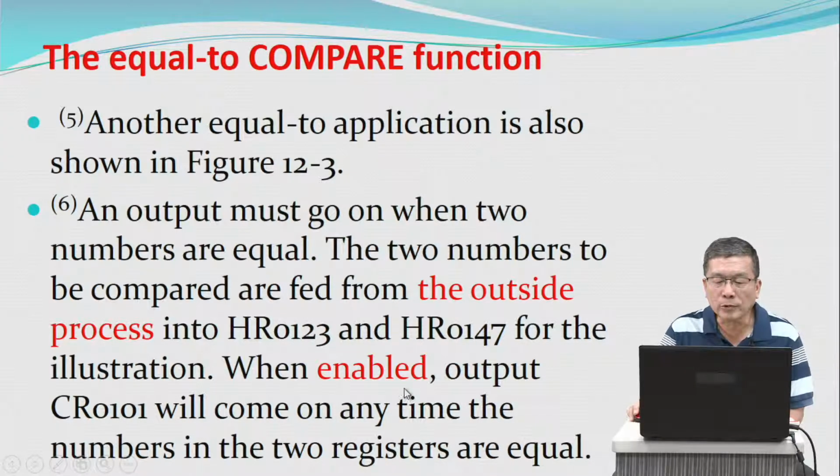When enabled, output coil 101 will come on anytime the numbers in the two registers are equal.